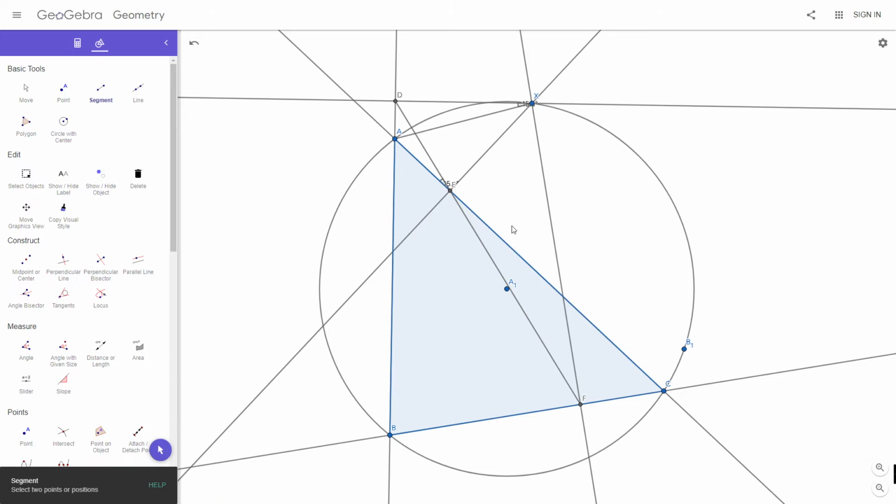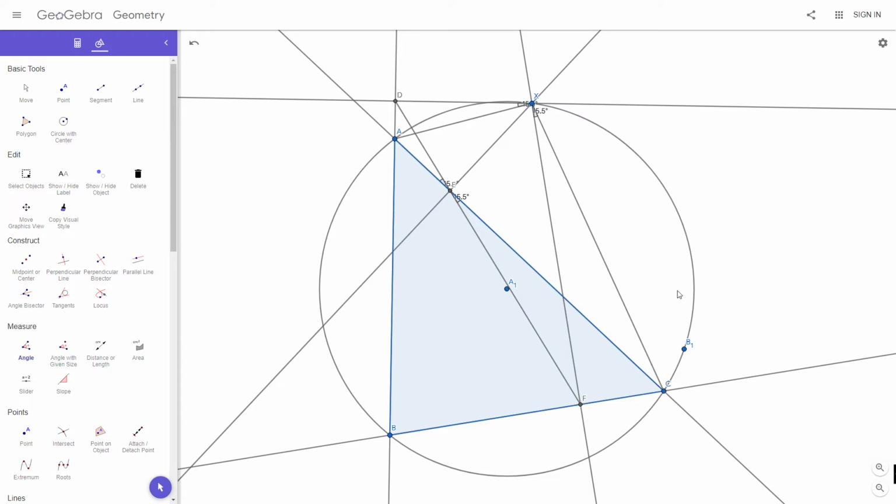And similarly we have that XEFC is a cyclic quad. And so we have, if I can select the right one, that FEC is equal to FXC.